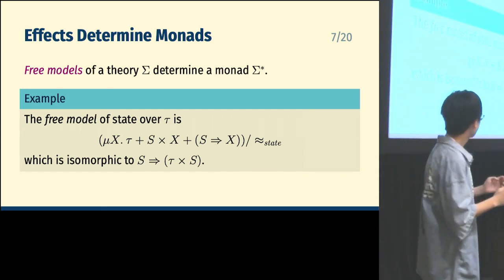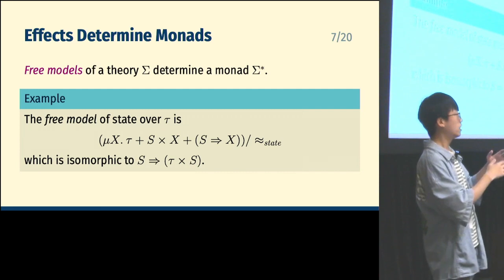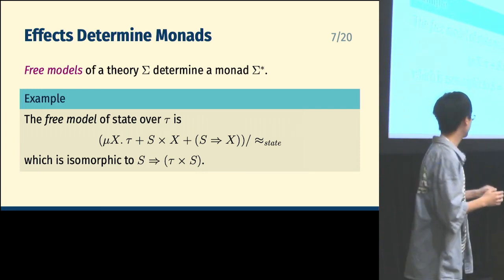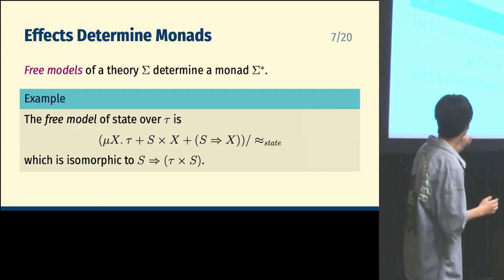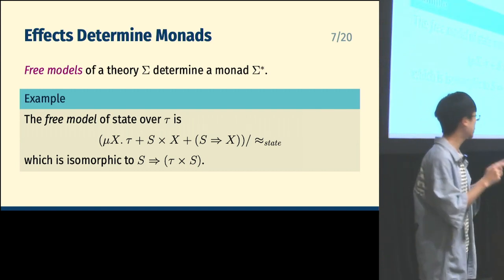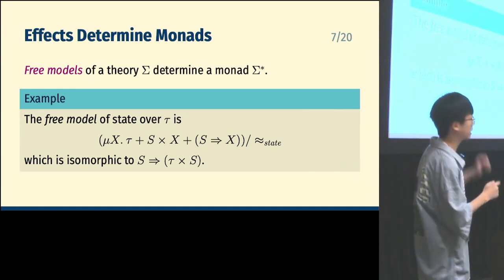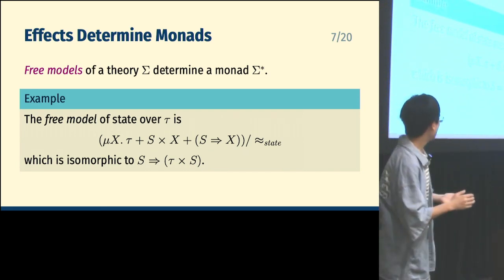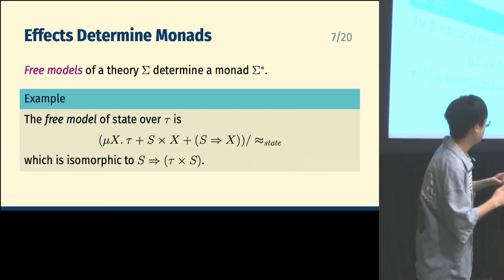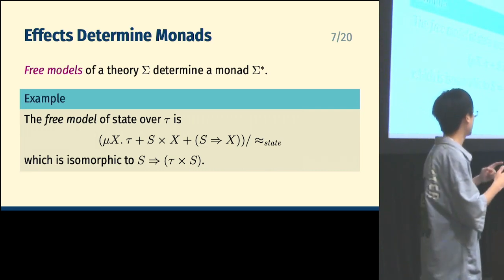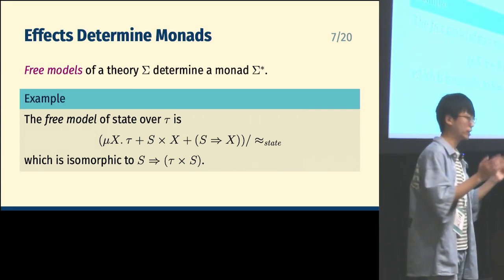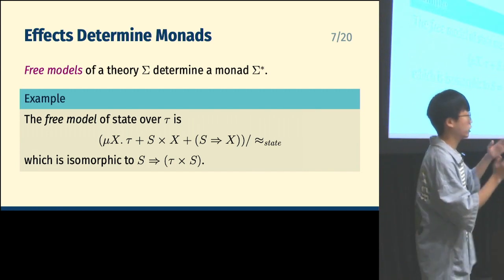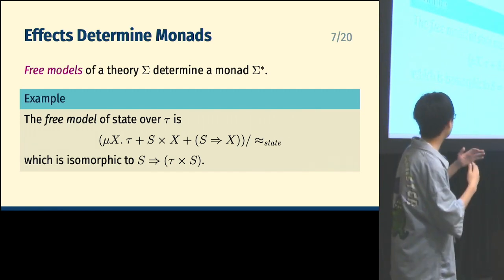For example, the free model of the theory of state over some type τ is this quotient inductive type here, where the μx is a binder for recursion, and τ means drawing a variable from the type τ, and S× means a syntactic put operation, and S→ is a syntactic get operation, and we then quotient this data type with the equations from the theory of state.